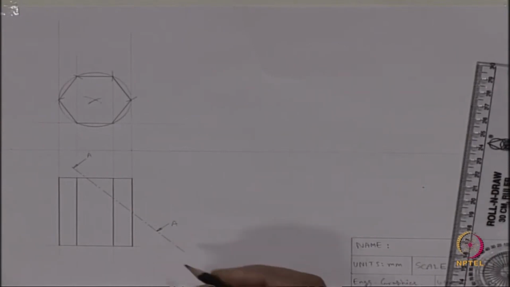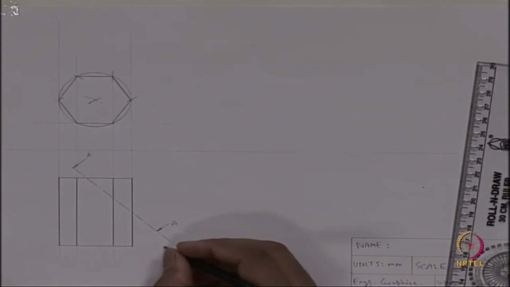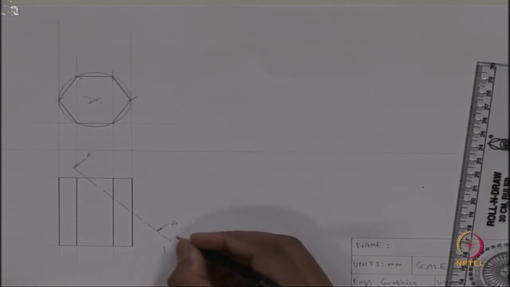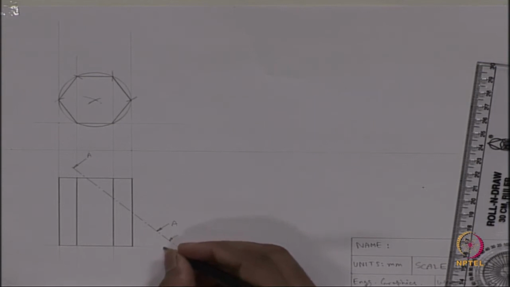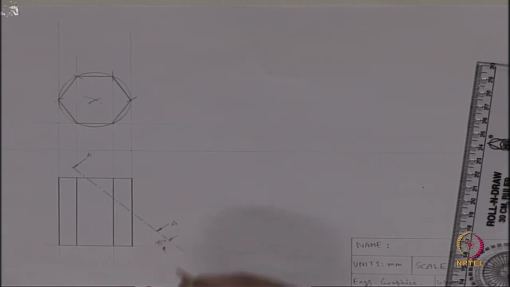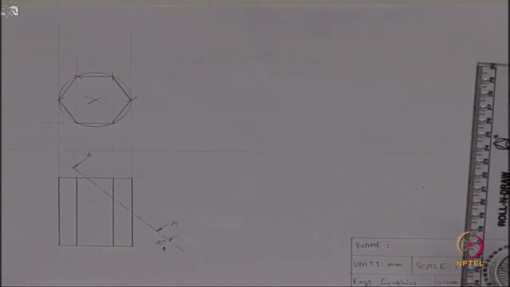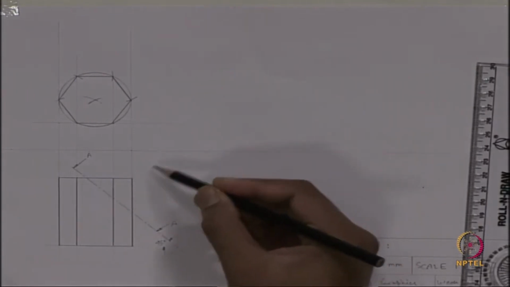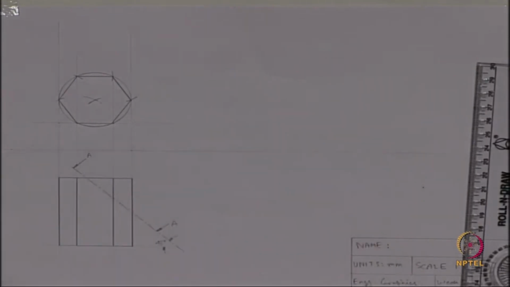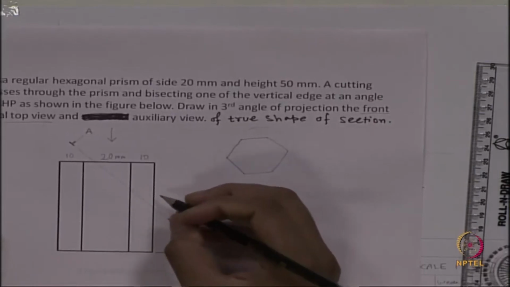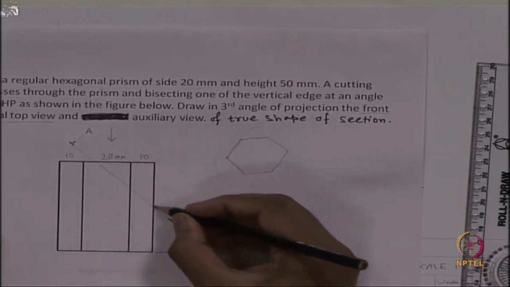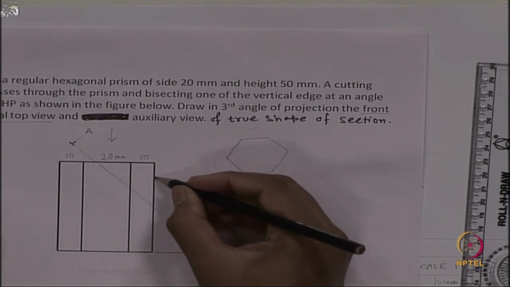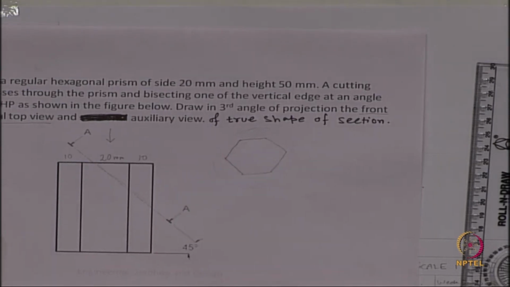This is our cutting plane, where this angle is 45 degree. So, if this is the cutting plane and we are looking from this direction, already from the hexagonal prism this whole part has been cut.